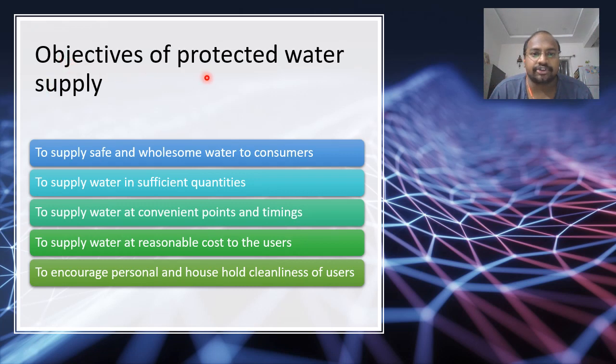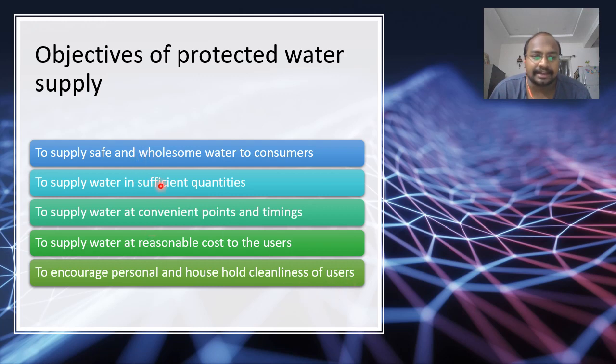The objectives of protected water supply are to supply safe and wholesome water to consumers. So finally, these are the objectives for environmental engineering, we can say. For protected water supply: first, to supply safe and wholesome water to customers; to supply water in sufficient quantities; to supply water at convenient points and timings; to supply water at a reasonable cost to the user; and to encourage personal and household cleanliness of the user.